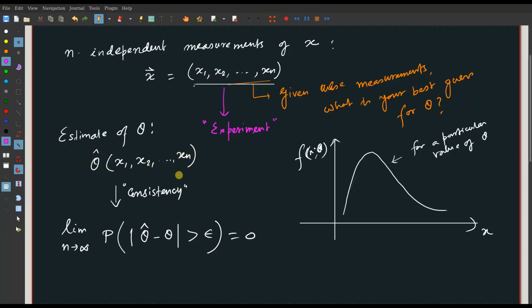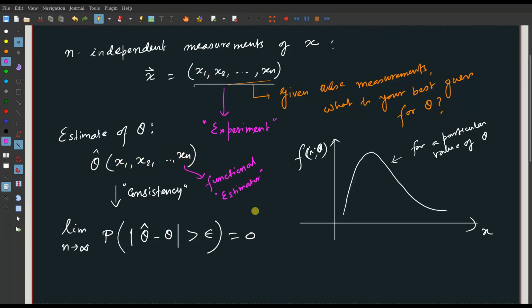What you have here is a functional form in terms of x1, x2, up to xn. If I am talking about the functional form without ascribing any particular numerical values to x1, x2, dot dot dot up to xn, then that quantity will be called an estimator.